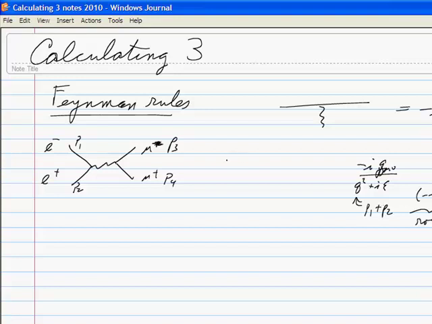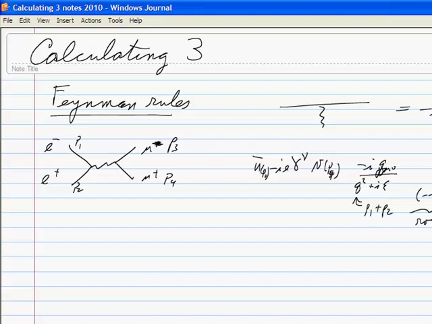I think everybody got that. And then the other side over here has u bar minus i e gamma nu v. So v is the antiparticle, so that's the p4, and the u bar is the particle. Does anybody want to ask anything about those guys?